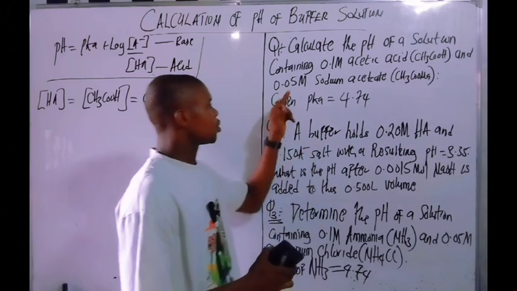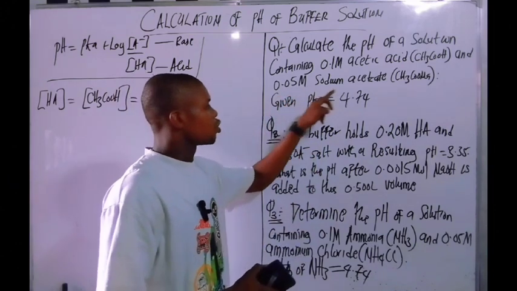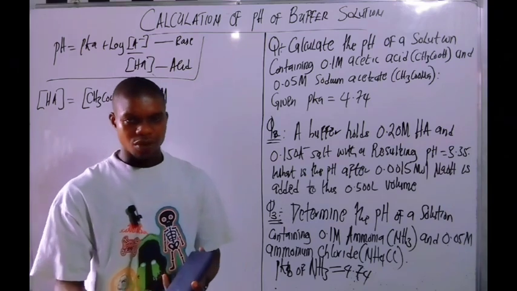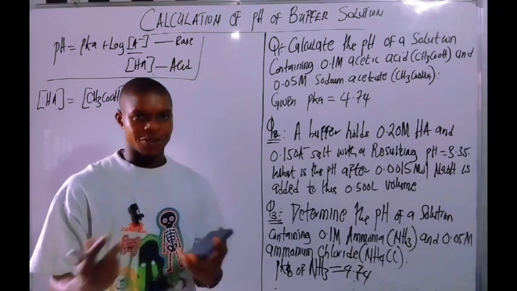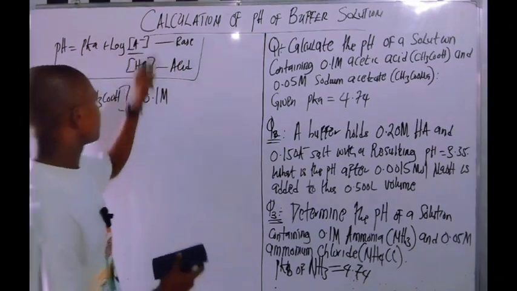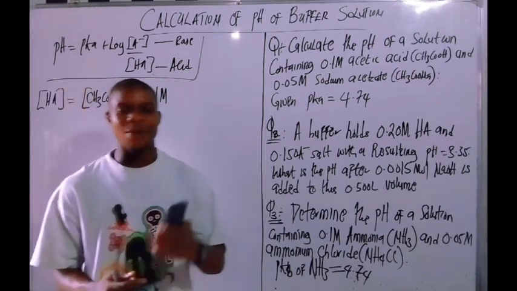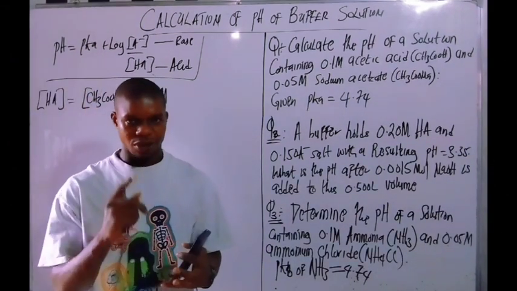And 0.05 sodium acetate. Sodium acetate is the base. It's called the conjugate base, or conjugate salt, which is A minus. So when a question is given to you, you must identify what is the base and what is the acid.